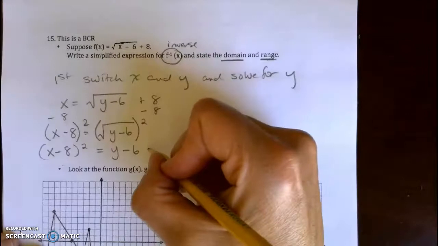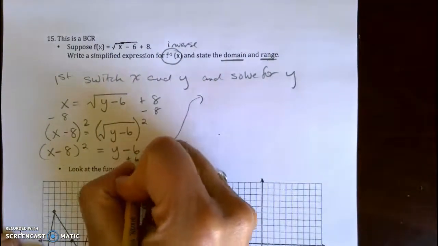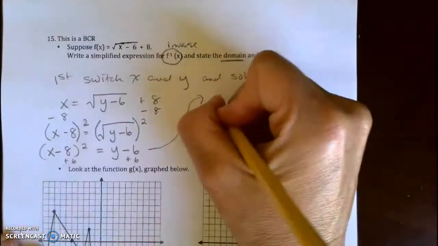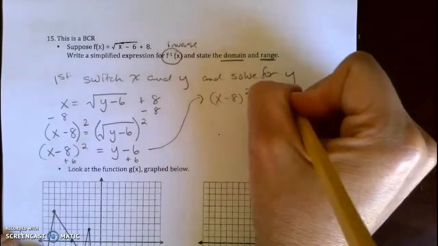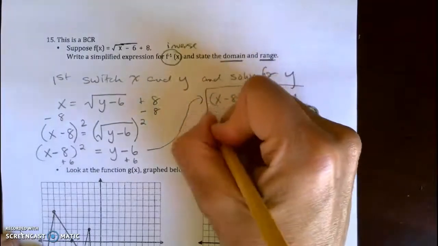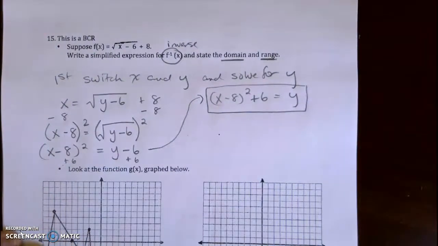I'm going to add 6 to both sides. So I get (x minus 8) squared plus 6 equals y. And I am fine if that is your simplified expression for the inverse.